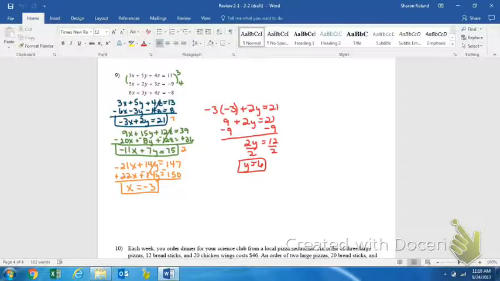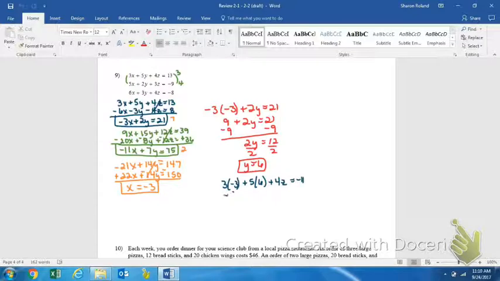So I'm going to go back to the top equation, and that's going to be 3 times x, which we know x is negative 3, plus 5 times y, which we know that's 6, plus 4z, and it equals negative 11.